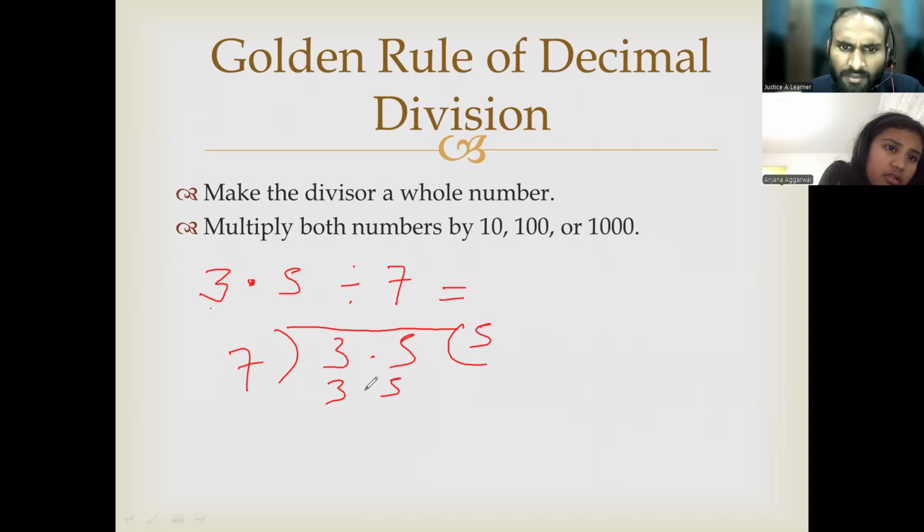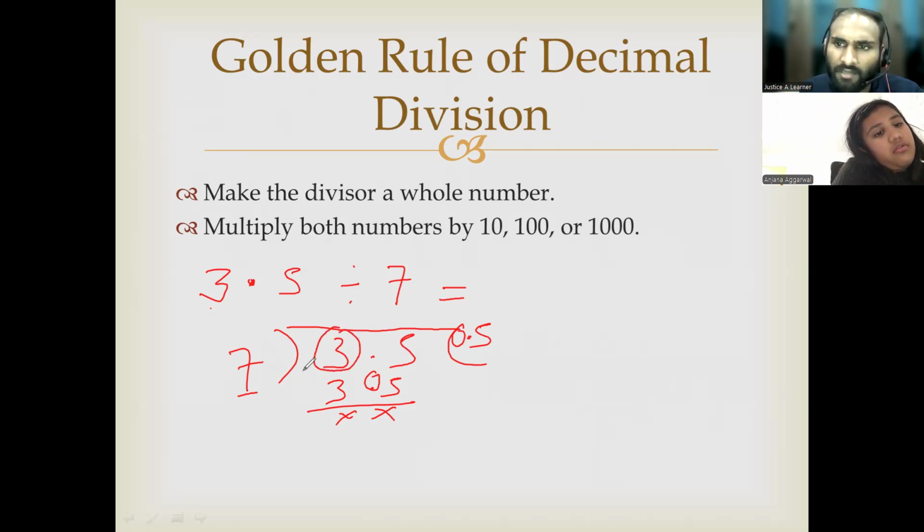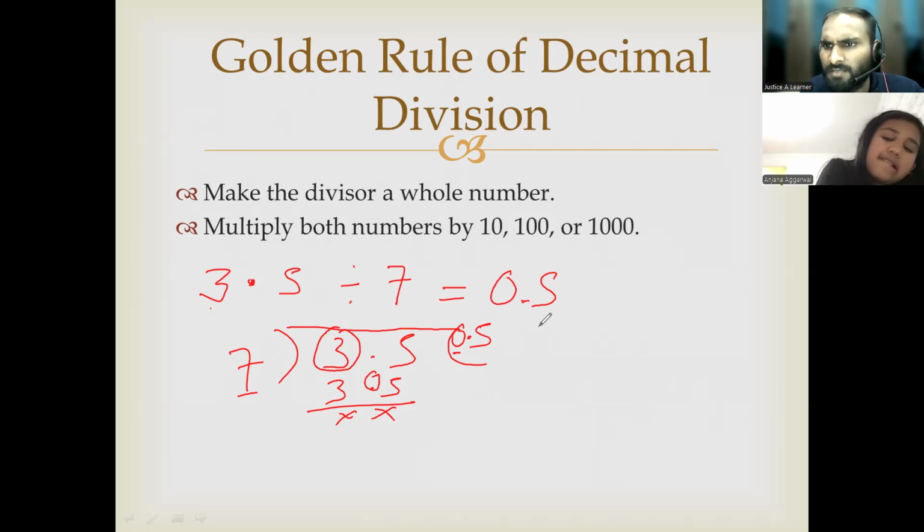Now can you tell me where we need to put the decimal point, here or here? Before the 5. Great, we write 0.5. This also shows that firstly 3 was checked with 7, but 7 cannot divide 3, so this is the 0 value, and then we divided the two digits, so this is a 5. So the answer is 0.5. Is that correct? You got this?